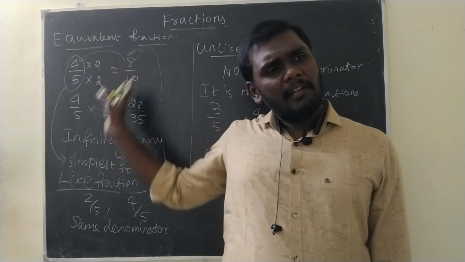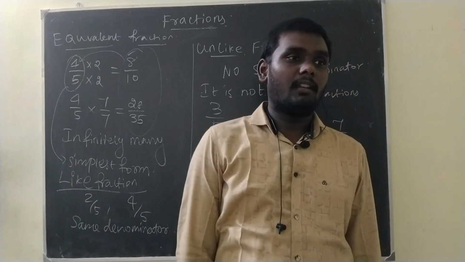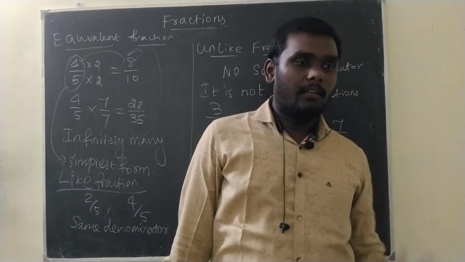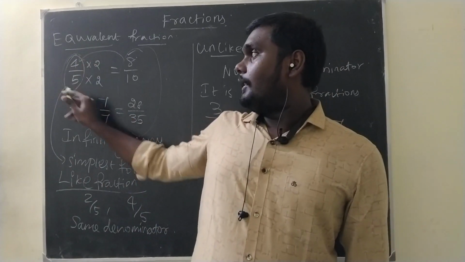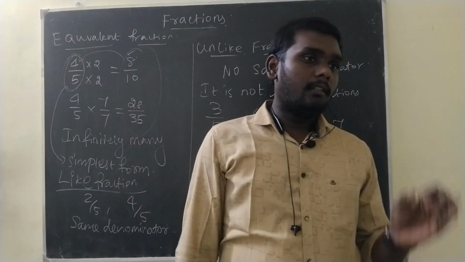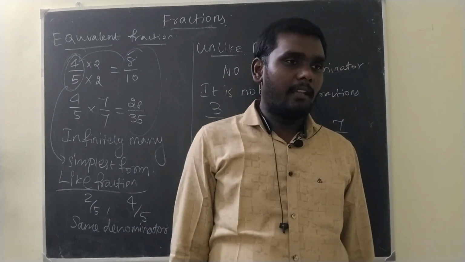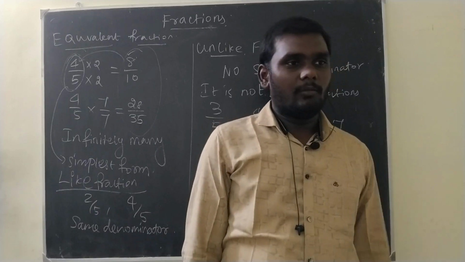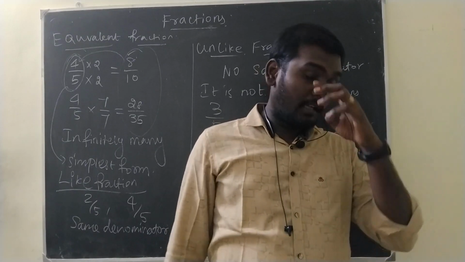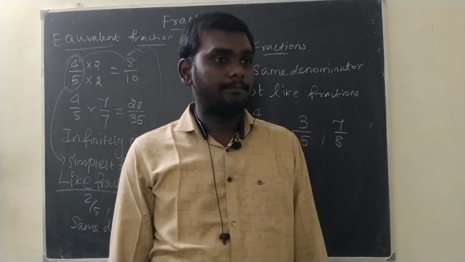We can find infinitely many equivalent fractions for a given fraction. The original one is called the simplest form. And after that, like and unlike fractions. Like fractions means the denominators are the same for two fractions, and if the denominator is not the same, then it is unlike fractions. Clear?